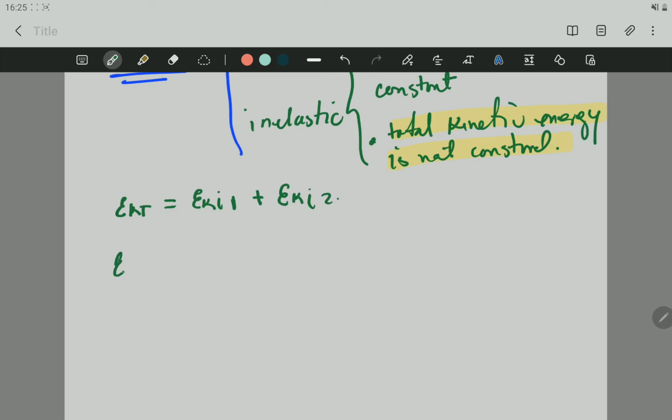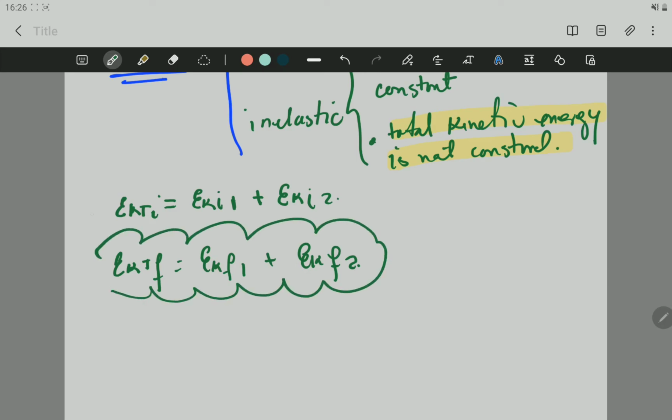How do we calculate the final kinetic energy? It is the kinetic energy final of the first object plus the kinetic energy final of the second object. So this is how we calculate the total initial and final kinetic energy.